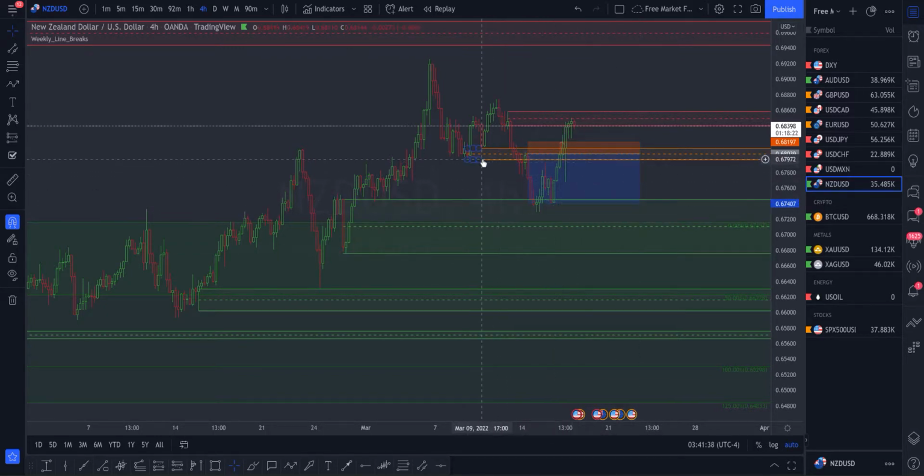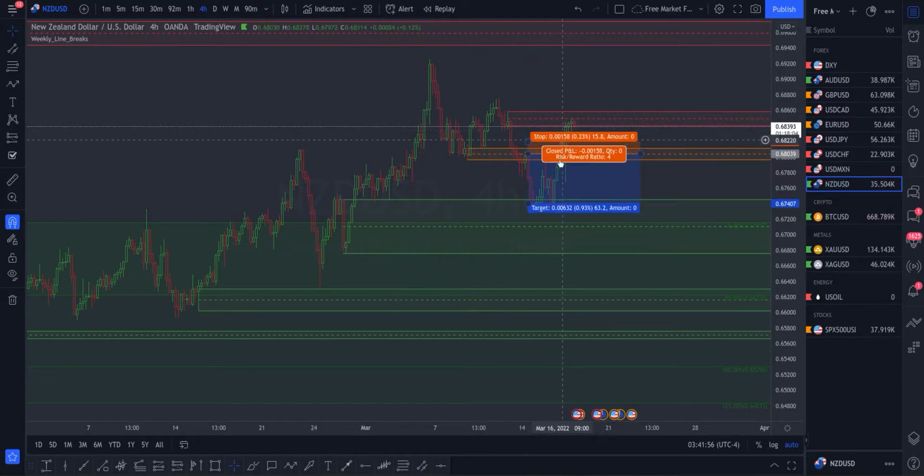Like I said, it did take out this 4-hour demand zone, kind of gave us a turncoat trade. Again, came down to mitigate or fill some orders again within this 4-hour zone and pushed up into this 4-hour demand.